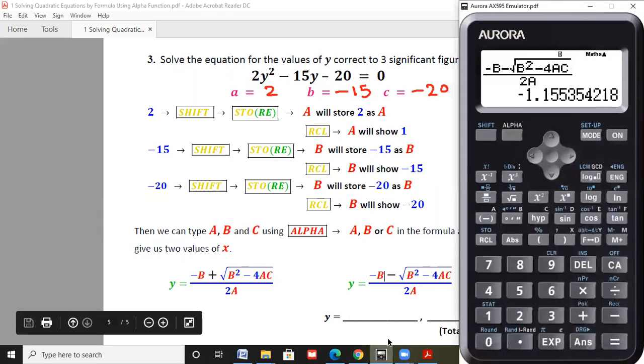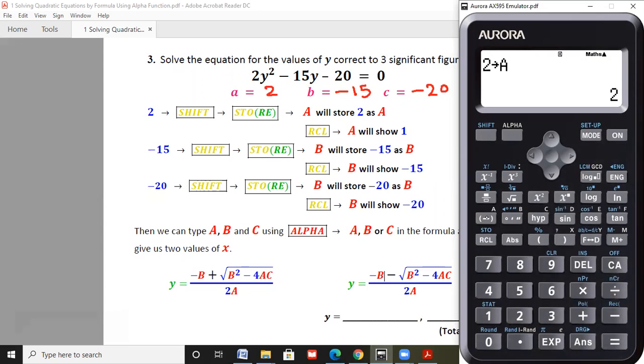So first of all, I'm going to store 2 as A, then negative 15 as B, and negative 20 as C. And if I type in the formula starting with a fraction, negative, alpha B, this is how we type these letters in.